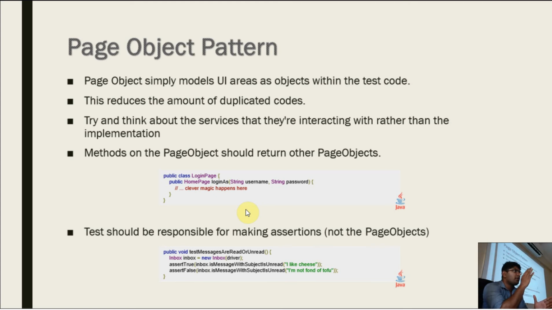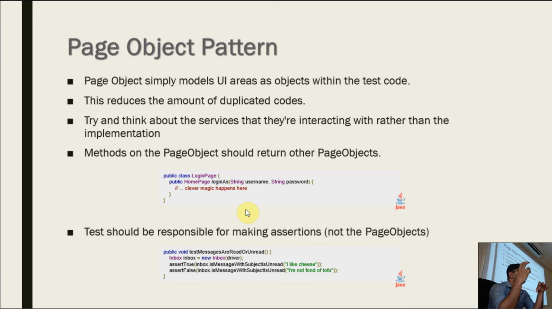Likewise, we need to organize our test cases as a set of pages, and there might also be some common controls like a menu. Those things we can consider as separate objects, because it's a common thing.